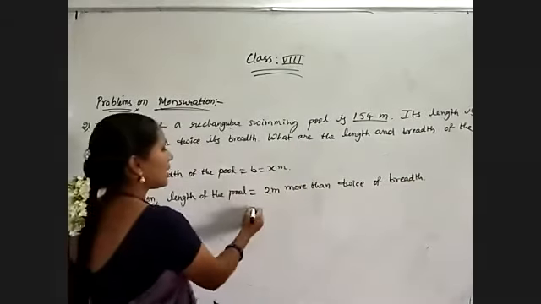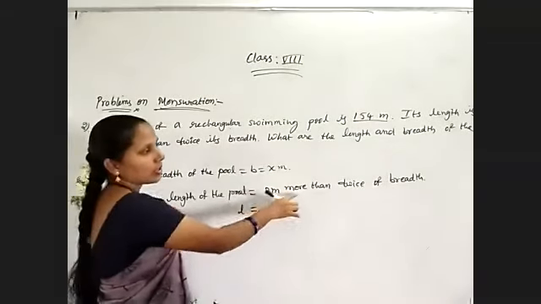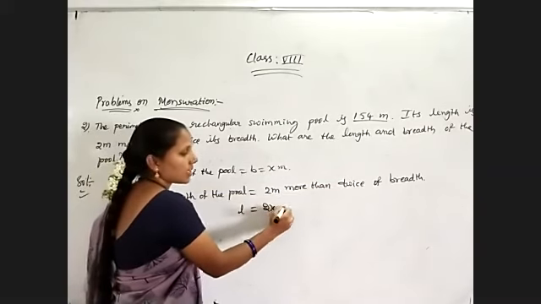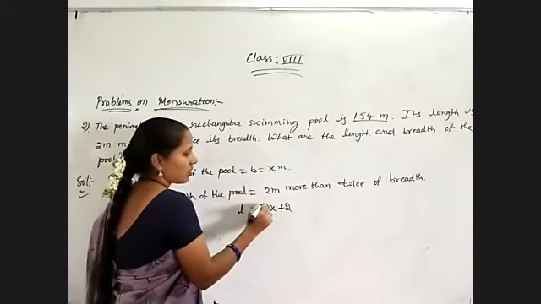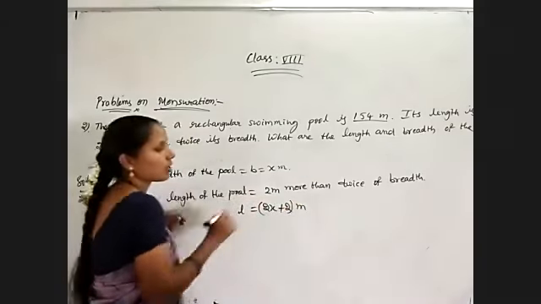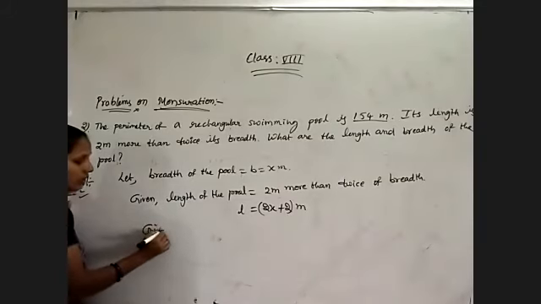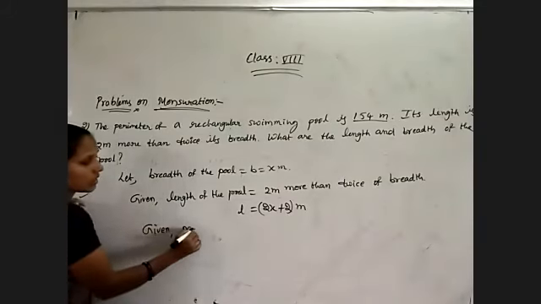So L is equal to twice of breadth, which is 2x, more than means plus 2. So length of the pool is equal to 2x plus 2 meters.